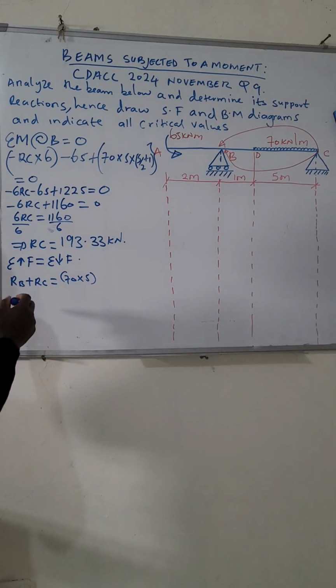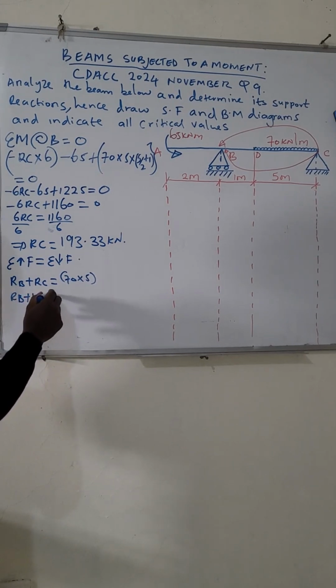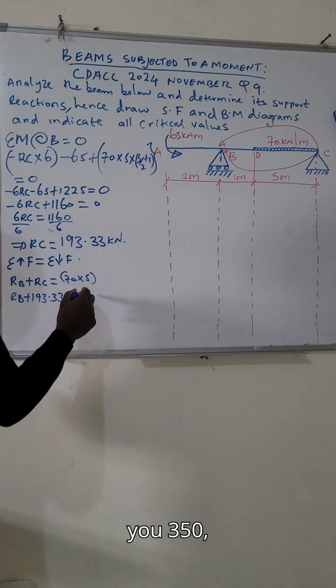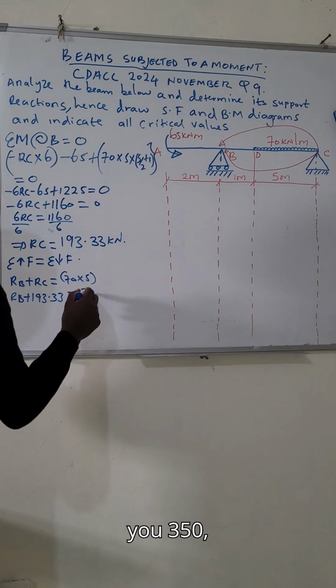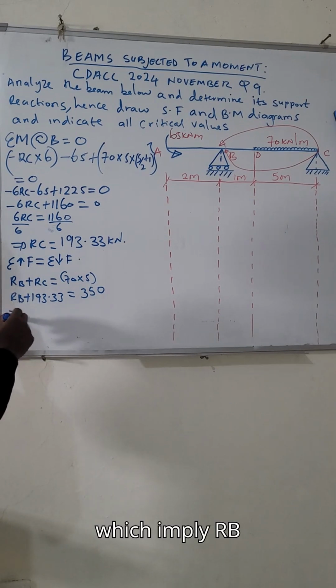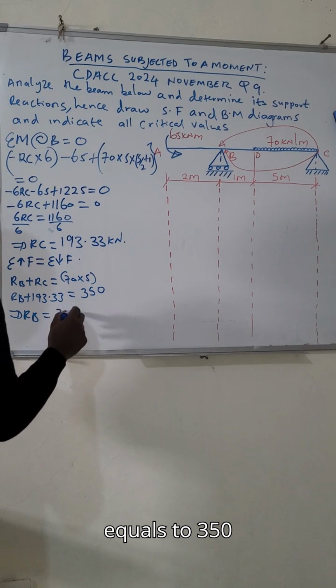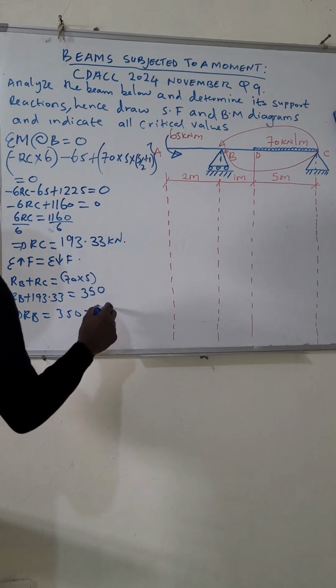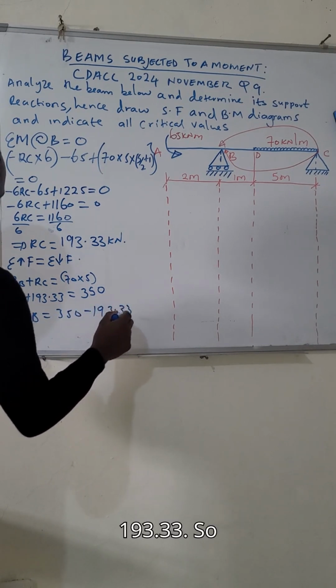So we have RC plus 193.33 should give you 350, which implies RB equals 350 minus 193.33.